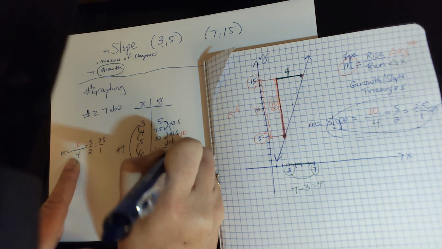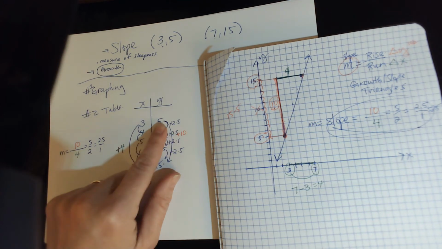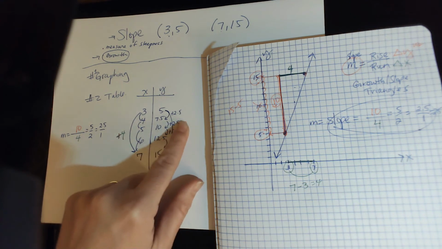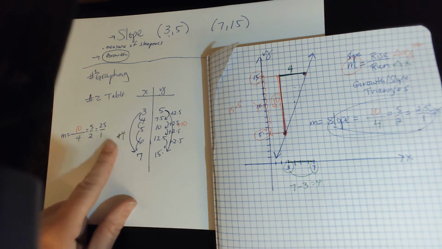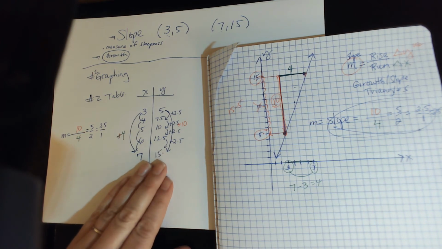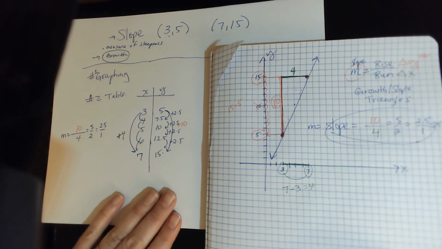If I add it a fourth time, I get 15. So it works. That growth of 2.5, 4 times, adds to my 10. And that's the connection to how these are related. Now that's trippy to think about. Like, whoa, it works. This is how numbers work. It's crazy.